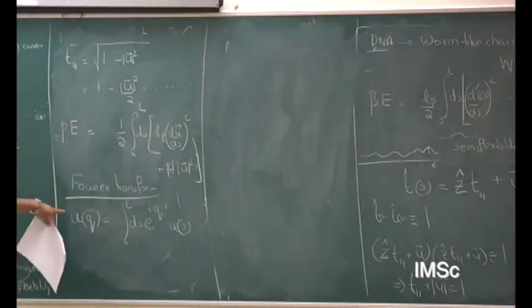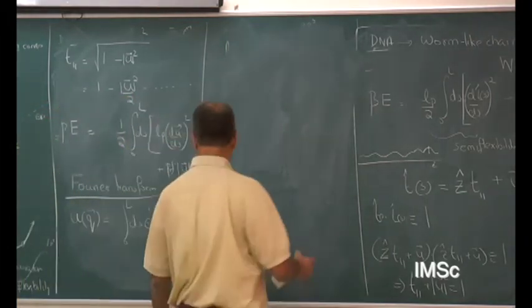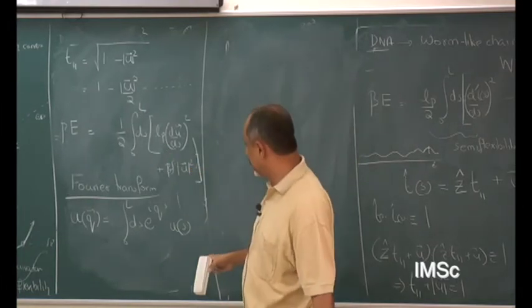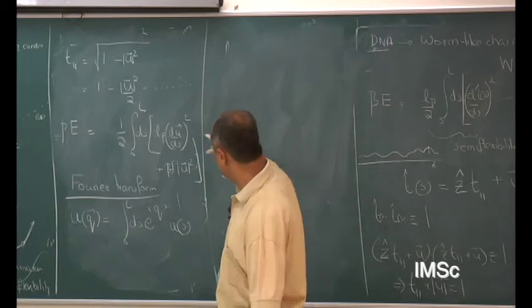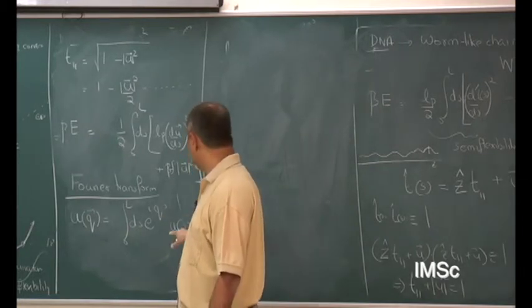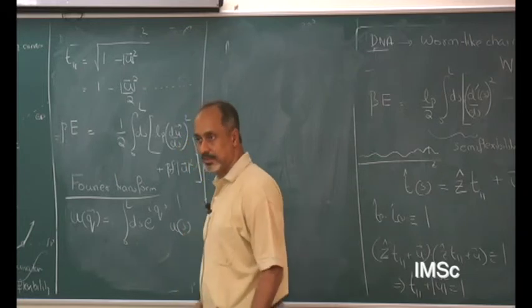Okay, technically this is a vector, I'm not writing the vector signs. u is actually a two-dimensional vector there. Now I can take this and put it back in here. When I do that, this derivative du by ds gives me a factor of q squared. This term here becomes beta f times u squared.